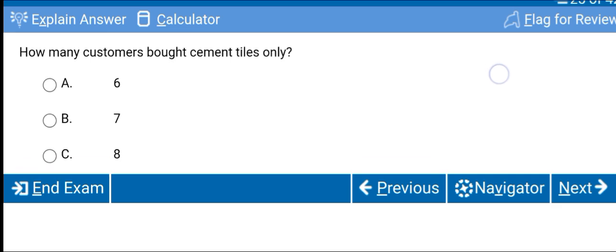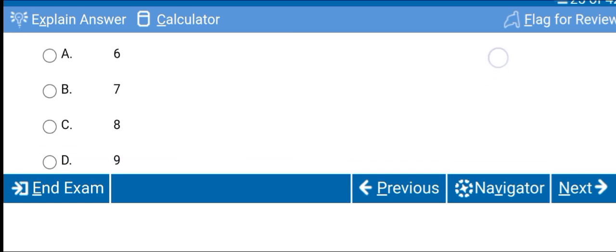So how many customers bought cement tiles only? Option A 6, option B 7, option C 8, and option D 9.